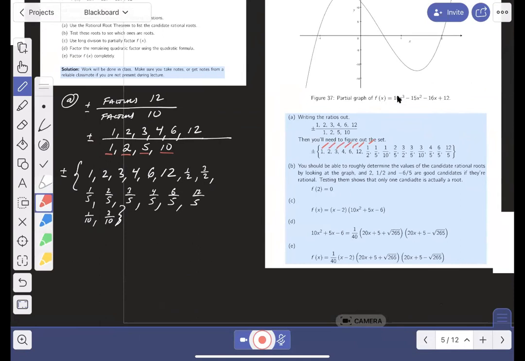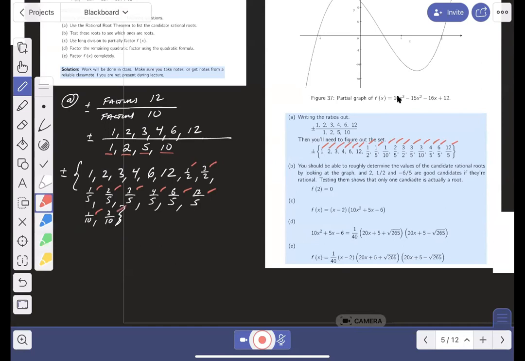I'm seeing that. 3/2. I'm seeing that. 1/5, 2/5, 3/5, 4/5, 6/5, 12/5. I'm seeing that. 1/10. I'm seeing that. And 3/10. I'm seeing them all.